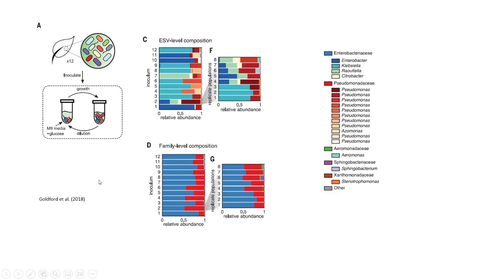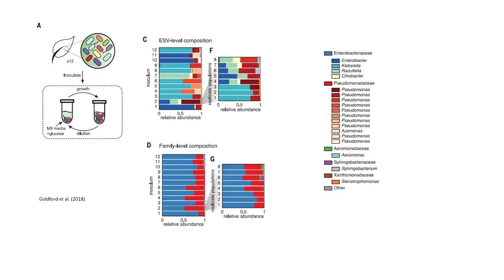So it would be something like this. Basically, what they did here is they gathered several communities from environmental sources, and they grew them in the lab in a glucose minimal medium. And then they checked the composition over time, for a stable composition.